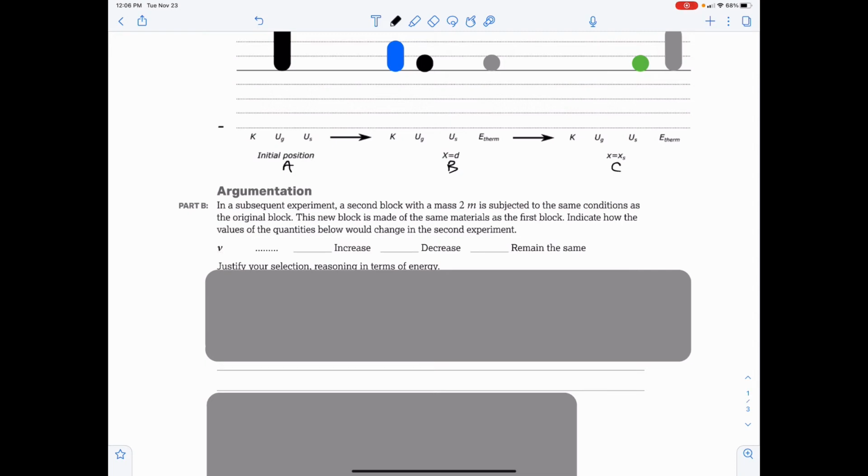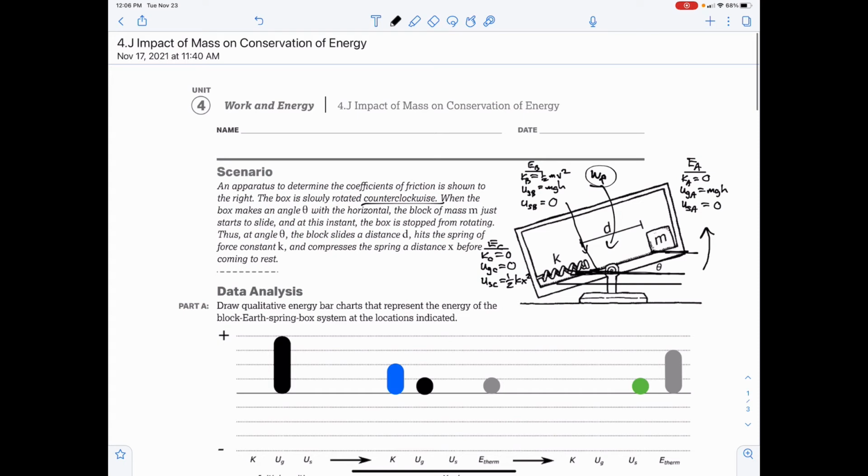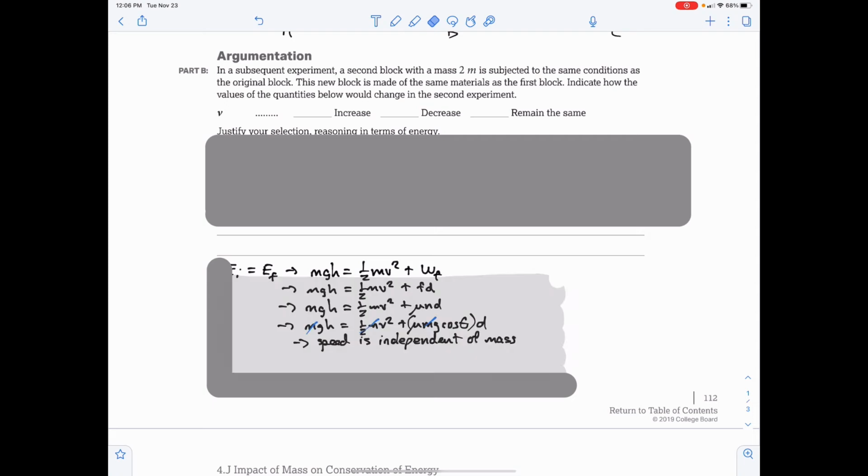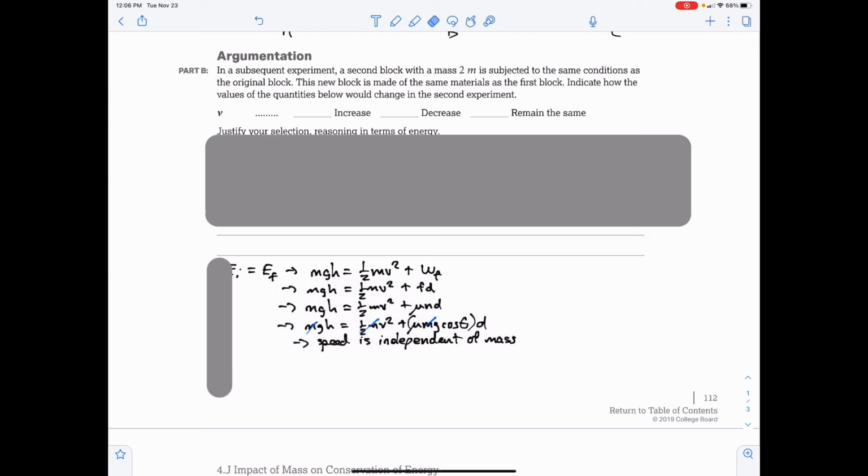Well, let's examine from A to B, just in this chunk right here. Energy initial equals energy final.